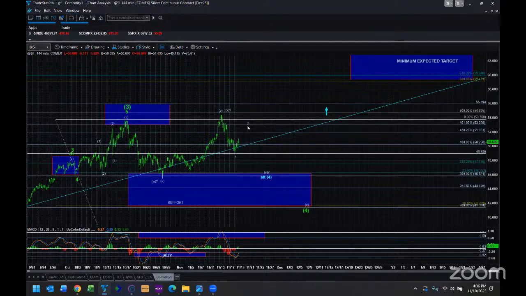I'd like to see a rally that's going to make people believe that we're going back up to the highs. And as long as we remain below this high, you'd have a very low risk opportunity for a short on silver. My expectations, like I said, are minimally back to the top of this box. But if we get the full extension that I would expect, we can get back down to the 42 region.